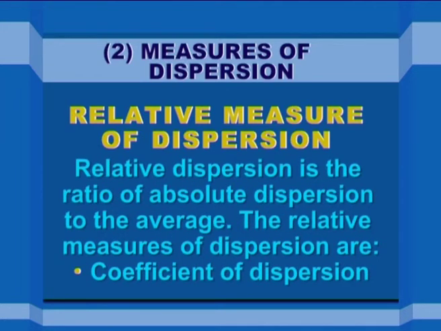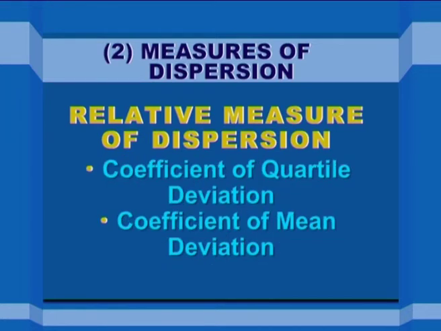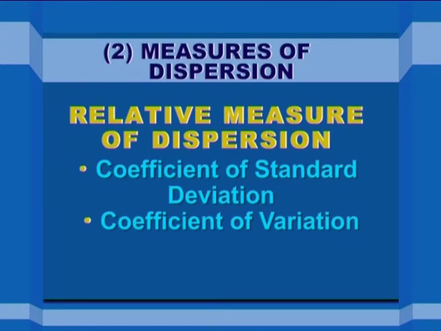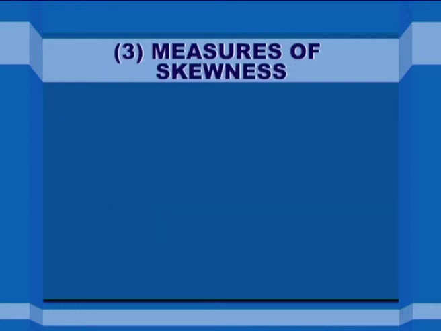Relative dispersion is the ratio of absolute dispersion to the average. The relative measures of dispersion are coefficient of dispersion, coefficient of quartile deviation, coefficient of mean deviation, coefficient of standard deviation, coefficient of variation, and these are the coefficients only.